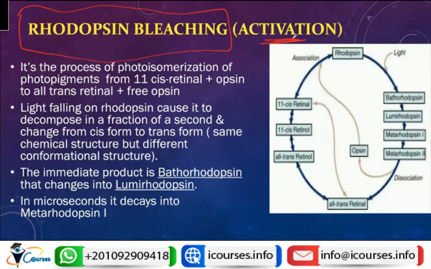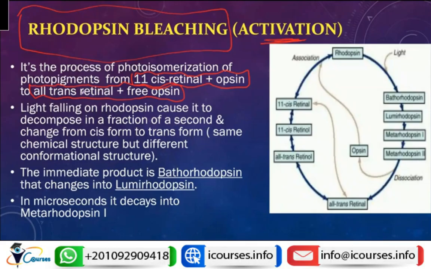This is a chemical process called photoisomerization. In this photoisomerization, we change the form of vitamin A to another form. We change the 11-cis retinal plus opsin, which is the rhodopsin molecule, into all-trans retinal and free opsin.